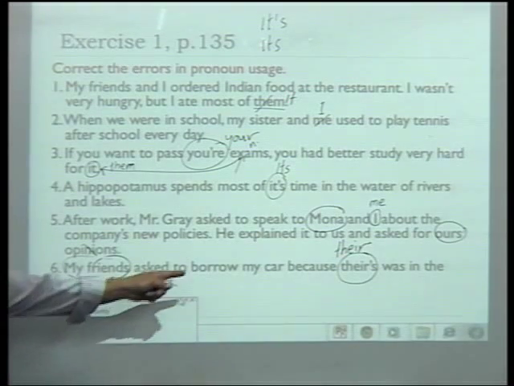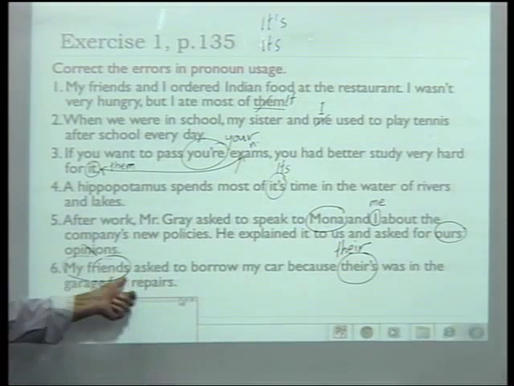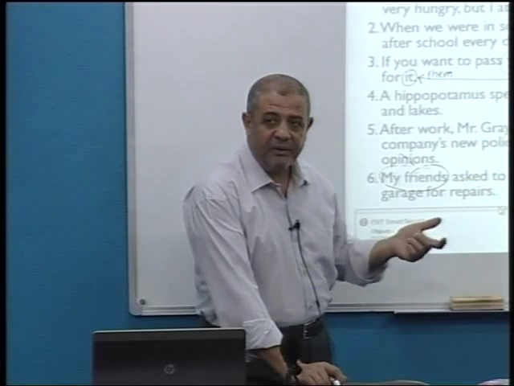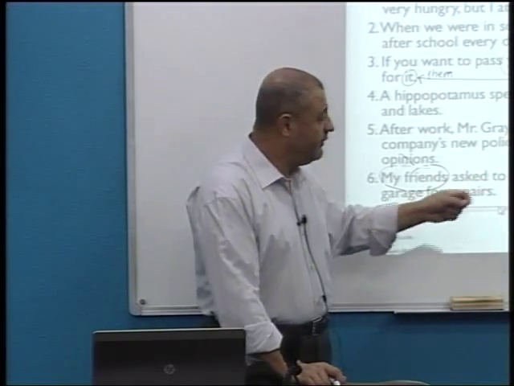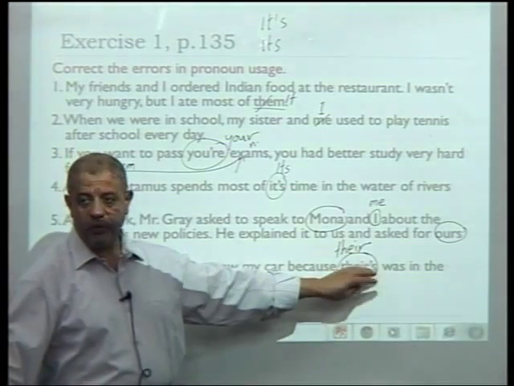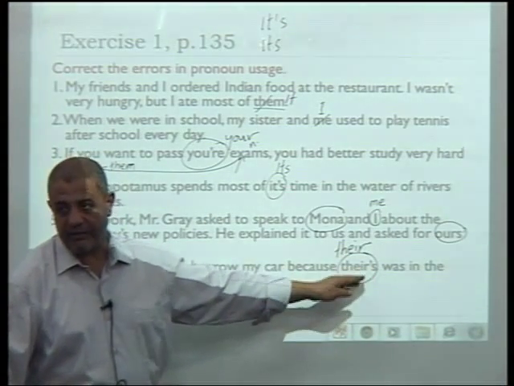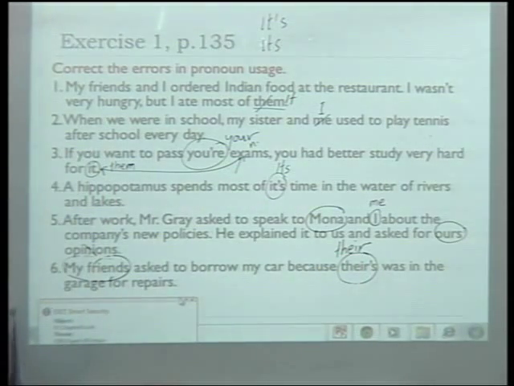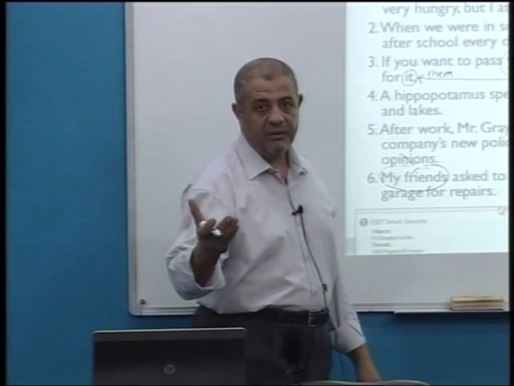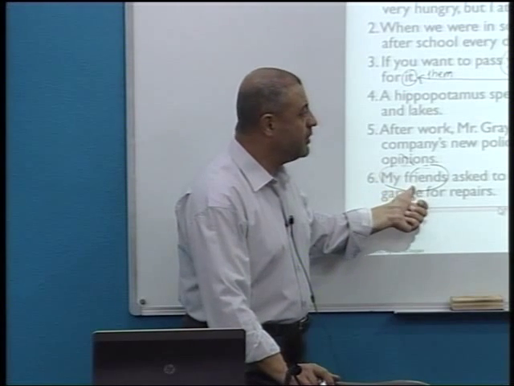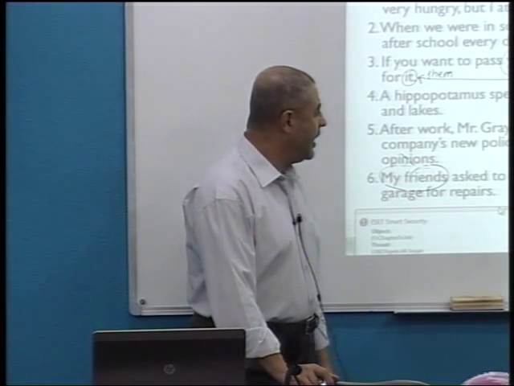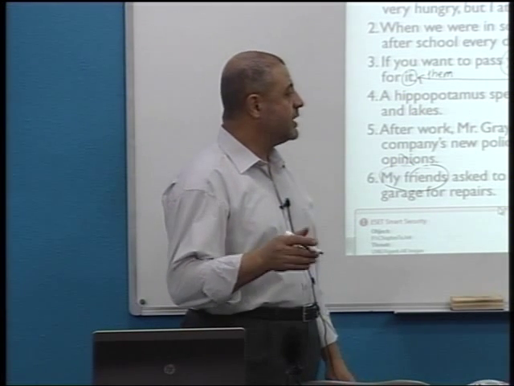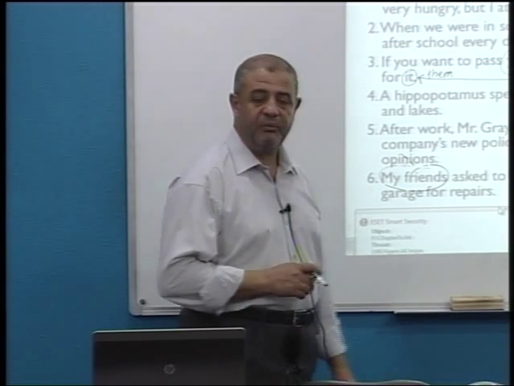Now it refers to what? Does it refer to the car or to my friends? If you want to write a word instead of the pronoun, what shall you write? My friends. So theirs refers to my friends.